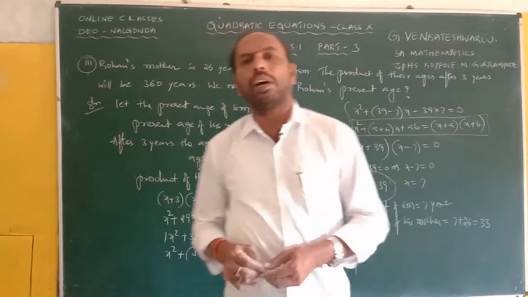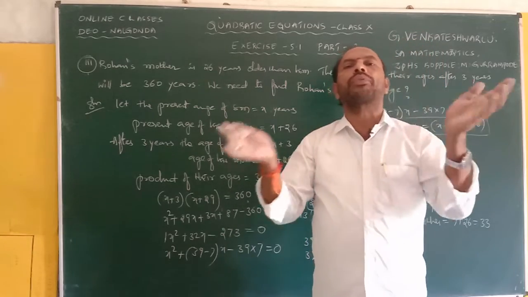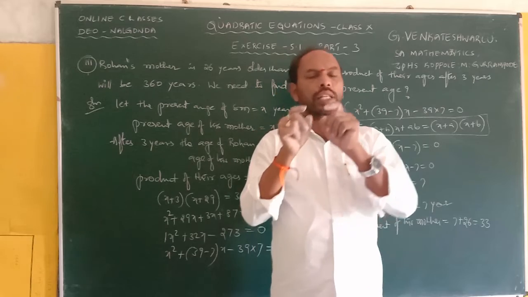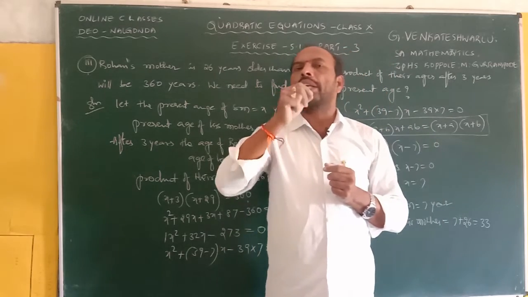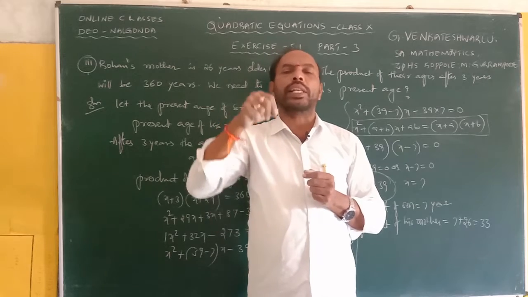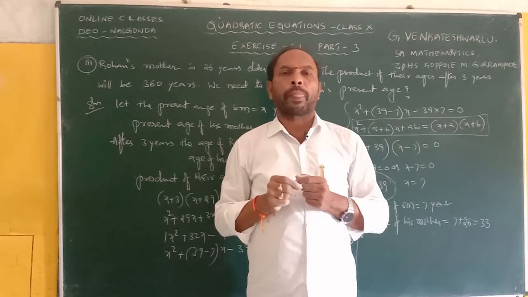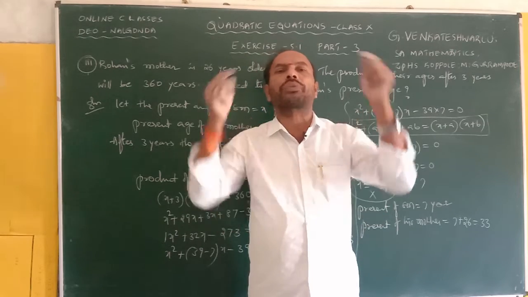Once again look at what is given in the problem. First he is discussing the ages of two persons. Let the age of son be x years, the unknown value, and the age of mother at present is 26 years older than her son. That's why x plus 26 is given. Next, he is discussing the product of their ages after 3 years.